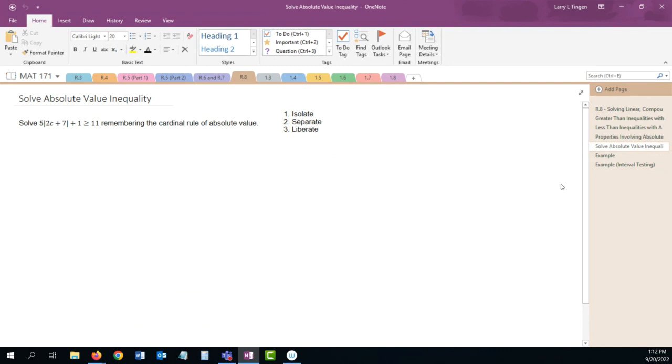All right, so we are diving right back into solving absolute value inequalities. There are 3 steps, the cardinal rules of absolute value. Number 1, isolate the absolute value. 2, separate the absolute value.